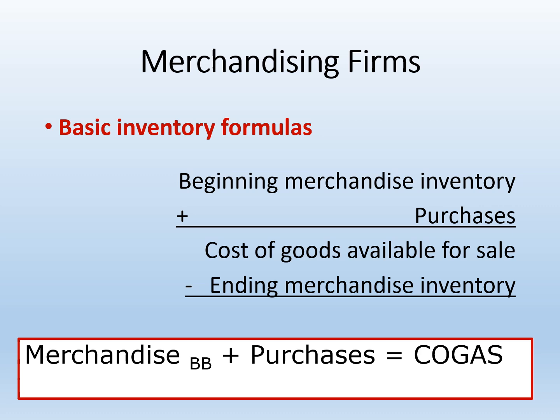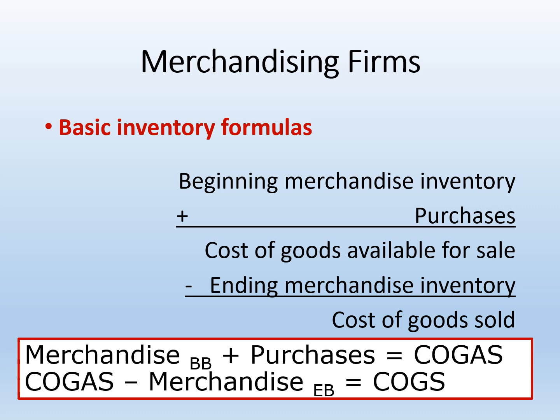This is called the ending merchandise inventory. If we take the total cost of goods available for sale and we subtract out the value of the ending merchandise inventory, that will give us the value of all of the goods that did get sold.